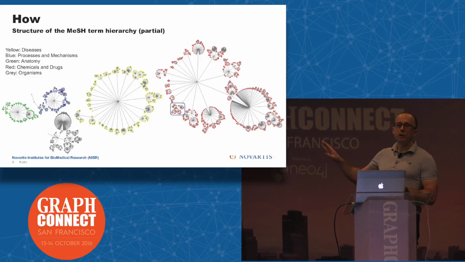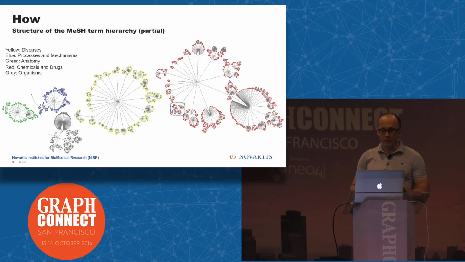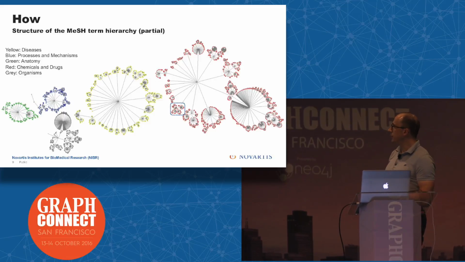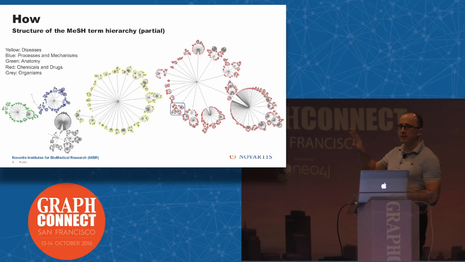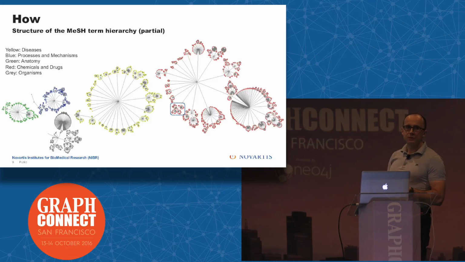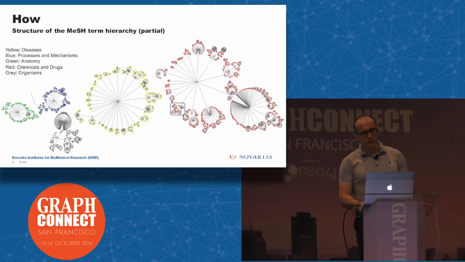There are about 250,000 of these tags that the NLM is using. I have to make one disclosure here: in reality, they don't look quite that nice. The overall organization is a tree, but there are some connections between the branches, so the actual layout doesn't quite look that nice. In general, it's organized as a tree.